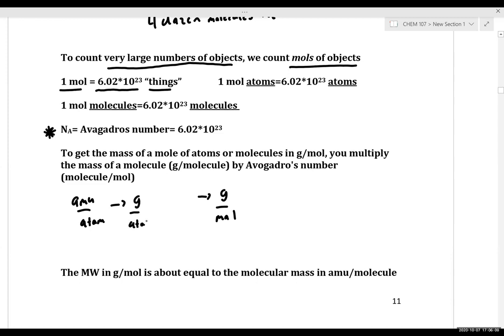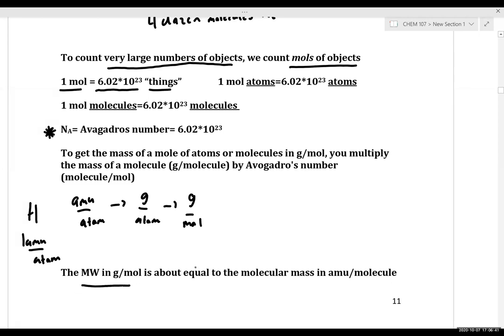So we can write this as gram per atom, and then finally gram per mole, just a two-step conversion. Now, we're not too concerned with the mechanics behind this conversion. So for example, let's say we're looking at hydrogen, which is a mass of 1 AMU per atom. The point that I want you to take away from this next discussion is that we can show that the molar mass in gram per mole in the periodic table is about equal to the molar mass in AMU per molecule.